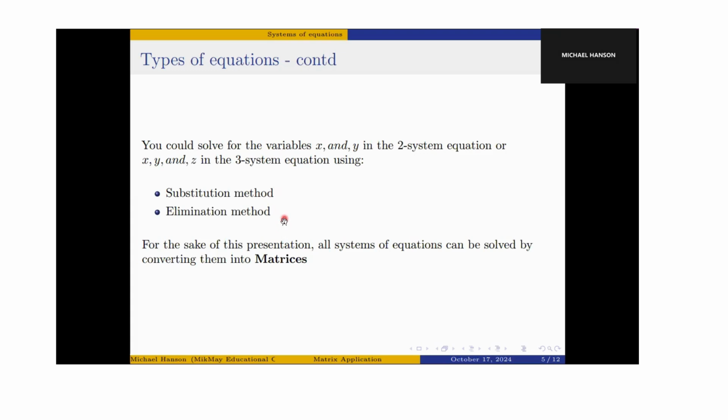Sometimes they could be complex. That's where matrices come in handy. With matrices, you are able to determine whether there will be a solution to any system of equations before you start working. We have an introduction to that in other videos, but for this one, we are going to see how to use matrices to solve systems of equations.